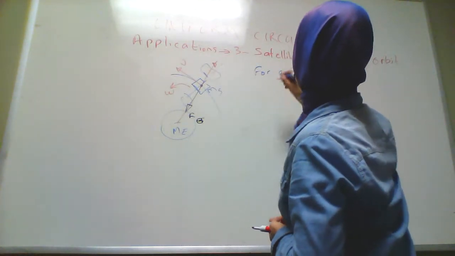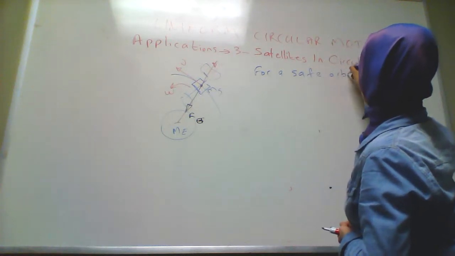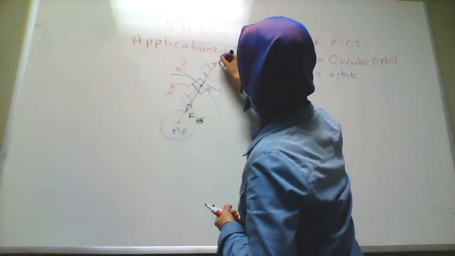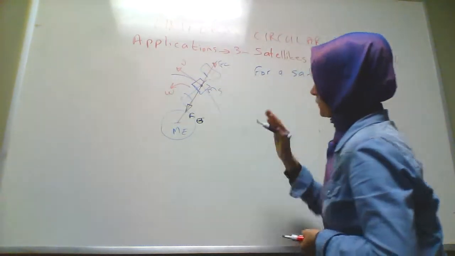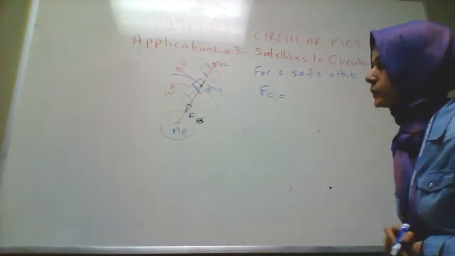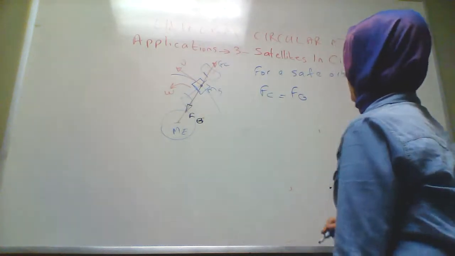For a safe orbit, in an equilibrium orbit, the centripetal force applied to the satellite from the rotation around the Earth should be equal to the gravitational force applied on the object by Earth.